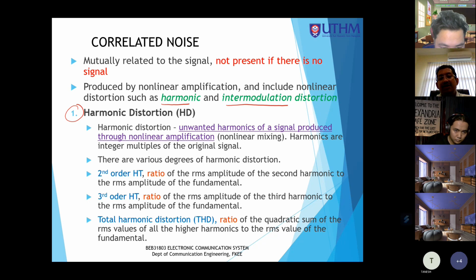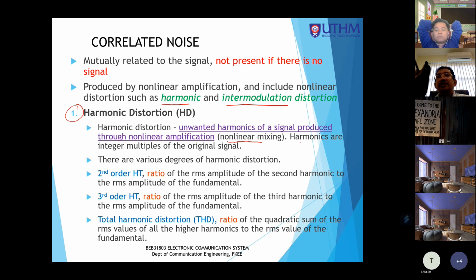Harmonic distortion is the unwanted harmonics of a signal produced through nonlinear amplification or nonlinear mixing. Harmonics are integer multiples of the original signal. Okay, so that means if there is a nonlinear mixing process, or here it is nonlinear amplification, small harmonic signals are produced.